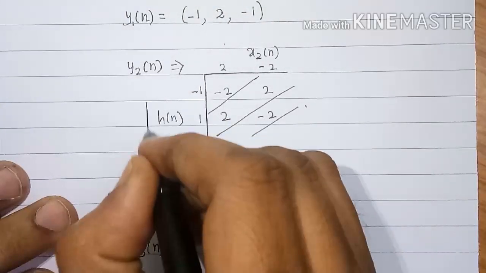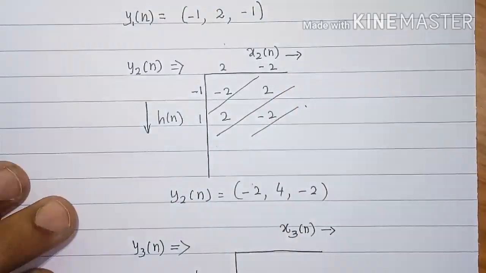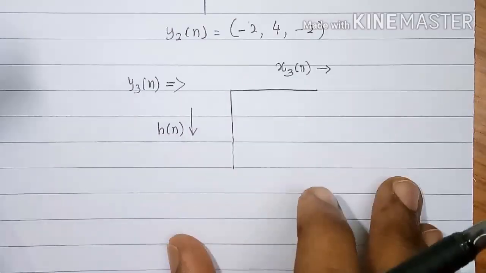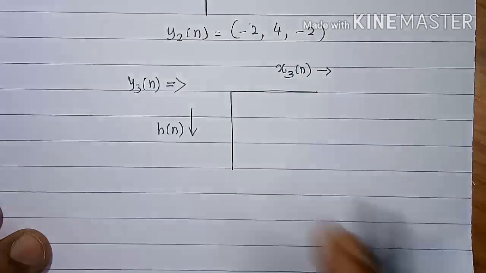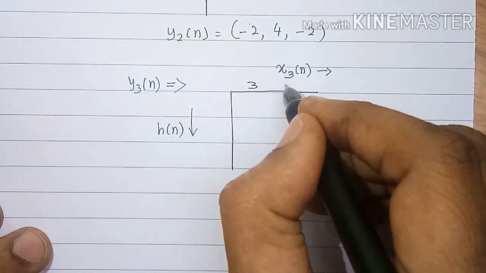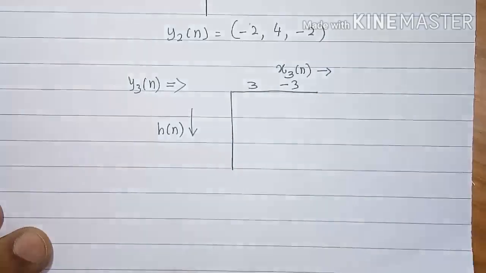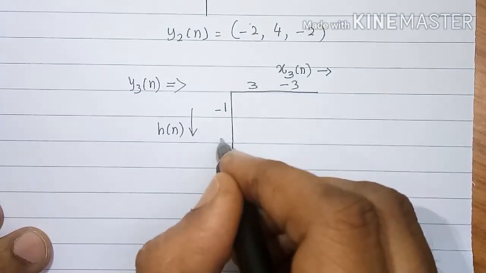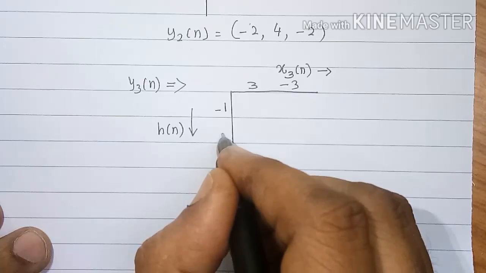You can show arrow marks here also. x3 of n has 3 and minus 3 as its samples, and h of n has samples minus 1 and 1.